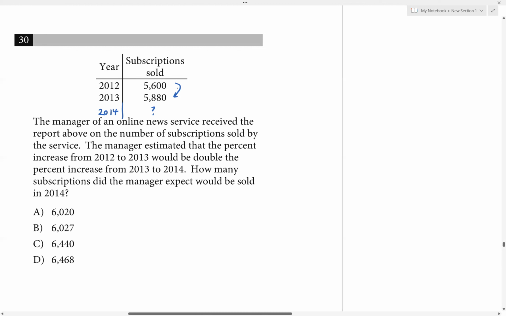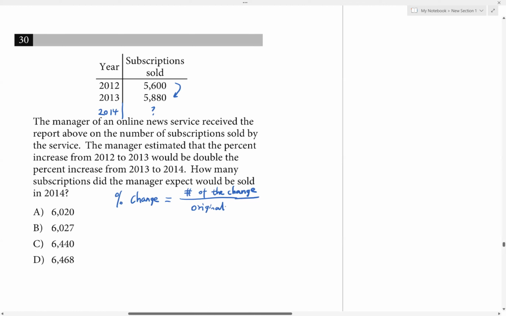So what we can do is the percent change formula. First we have to figure out what the change is, the number of the change, which in this case is the change of the subscription number. And then we have to divide it by the original number.